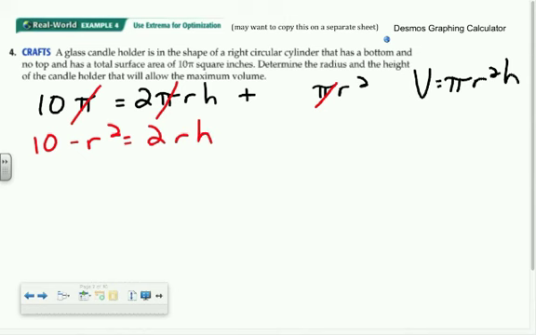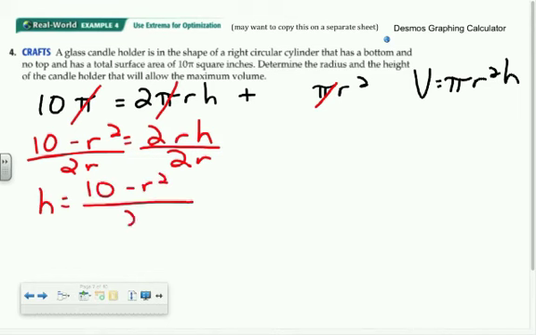I don't have h by itself yet, so I divide both sides by 2r here, and I have that h can be expressed as 10 minus r squared over 2r.